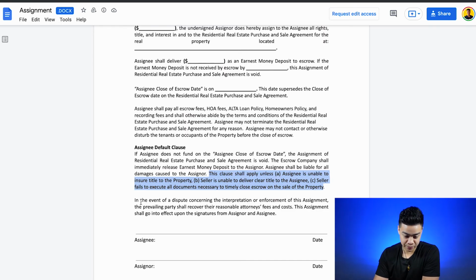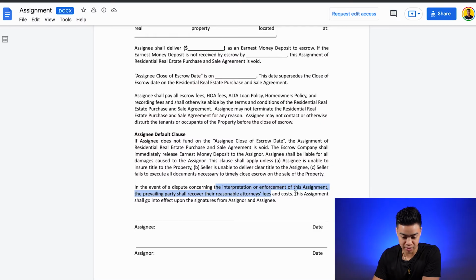Next thing that we read, in the event of a dispute concerning the interpretation or enforcement of this assignment, the prevailing party shall recover their reasonable attorney's fees and costs. The assignment shall go into effect upon the signatures from the assignor and the assignee. So pretty much it's saying, if there's any drama and anyone gets into any arguments, there's gonna be attorneys involved and whoever wins, they get their attorney fees and costs paid for.